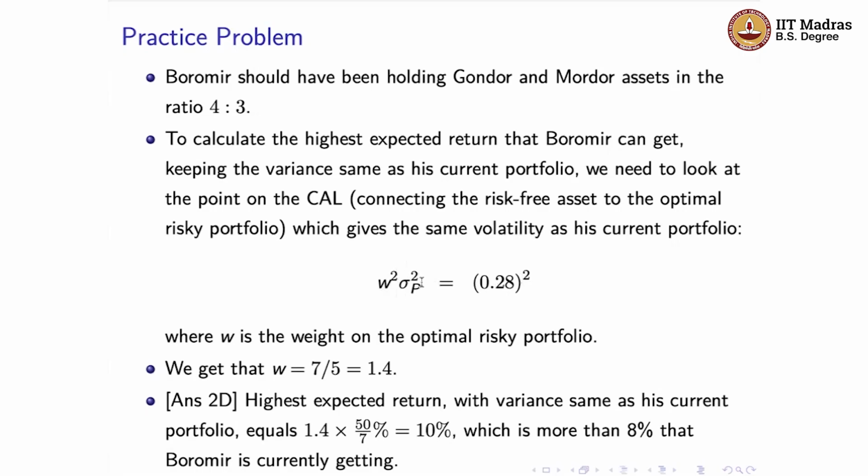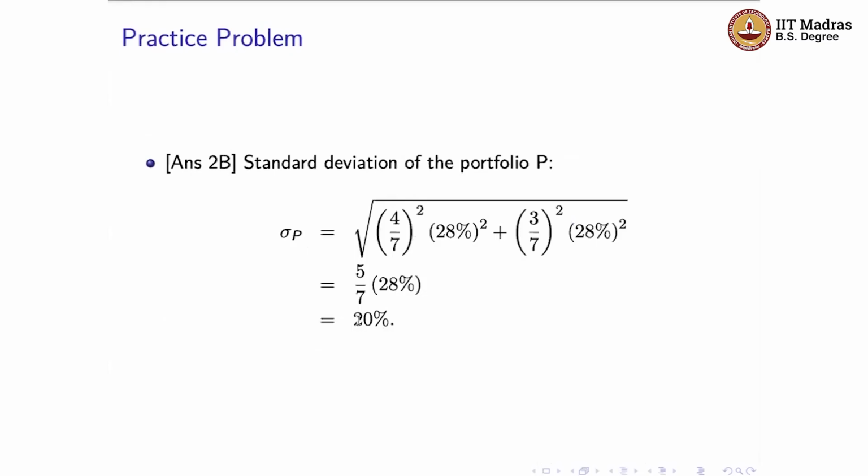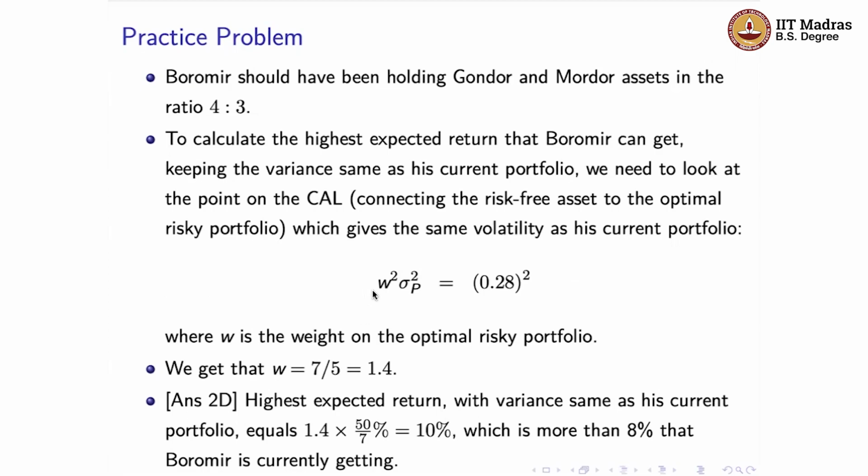Now, we know the value of sigma P. Remember, this is 0.2, so sigma squared P is 0.2 squared. And from there, we know that W is equal to 0.28 by 0.2, or 7 by 5. So W should be 1.4 in order for him to have the same variance as before, but being on the capital allocation line.